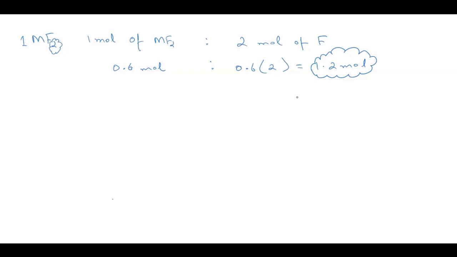So we have solved the first part of this numerical, that is how many moles of fluorine will be present in this compound MF2. The answer for the first part is there will be 1.2 mole of fluorine.